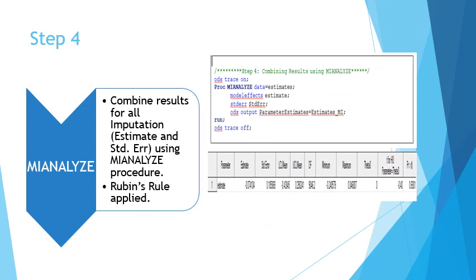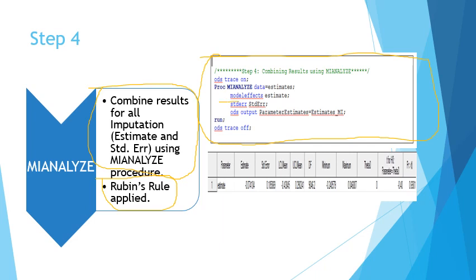This is the last step, step number 4, where we are combining results for all imputations, like estimate and standard error, using the MIANALYZE procedure, and while combining those results, Rubin's rule is applied. I have included one example SAS code for how it is produced.